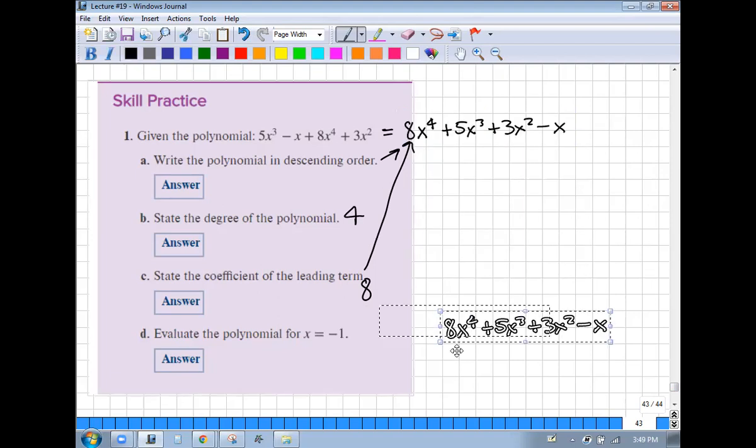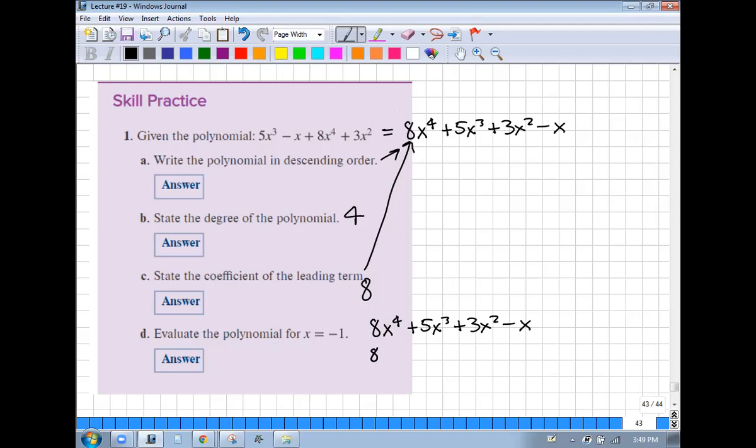all right, we have 8 times a -1 to the 4th plus 5 times a -1 cubed plus 3 times a -1 squared minus a -1. So be careful with these minuses, right? We're subtracting a -1. So if we simplify this, -1 times itself 4 times is +1.